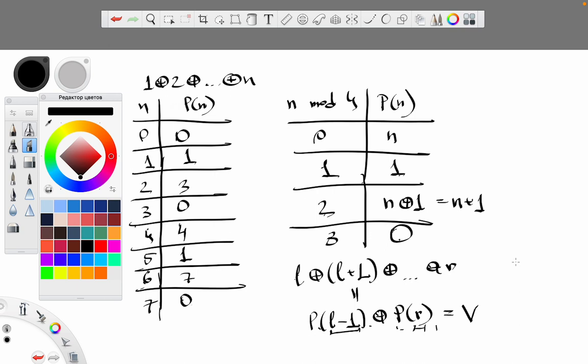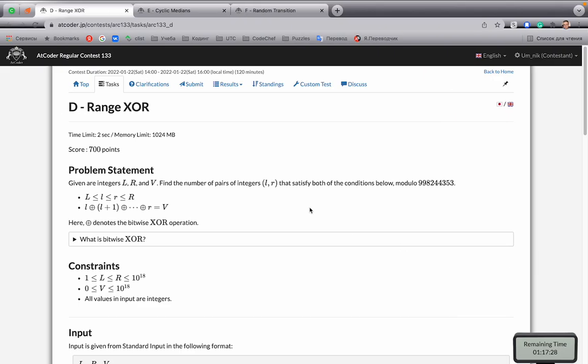I guess it should be some kind of traversal. If you understand that all the numbers from the segment are good, what a nasty problem.